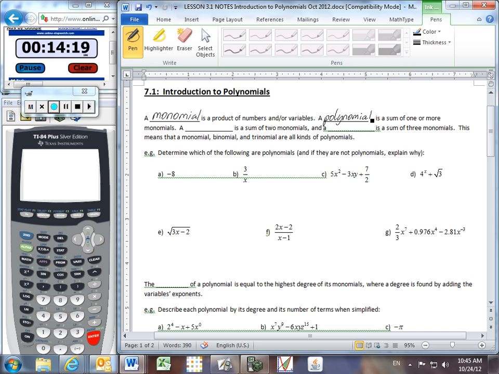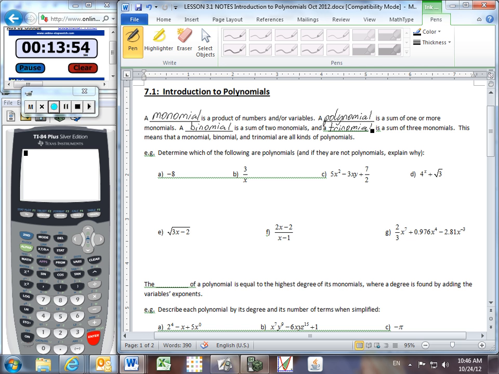Now, more specifically, a binomial is a sum of two monomials, and a trinomial is a sum of three monomials. So this means that a monomial, a binomial, a trinomial, these are all special kinds of polynomials that have one term, two terms, or three terms, respectively.